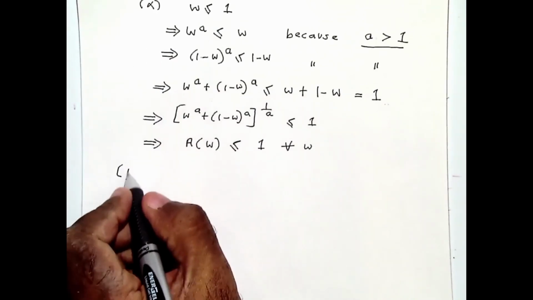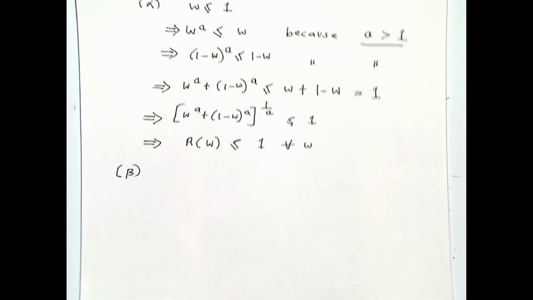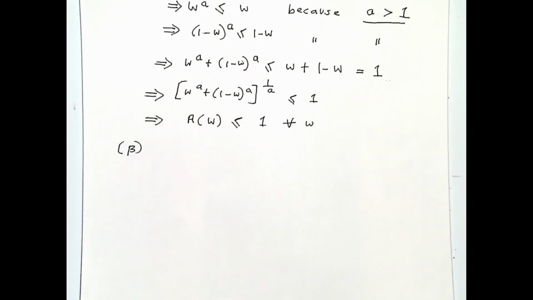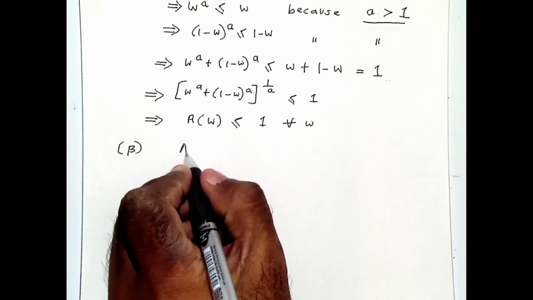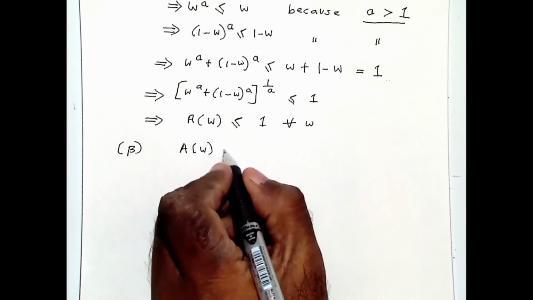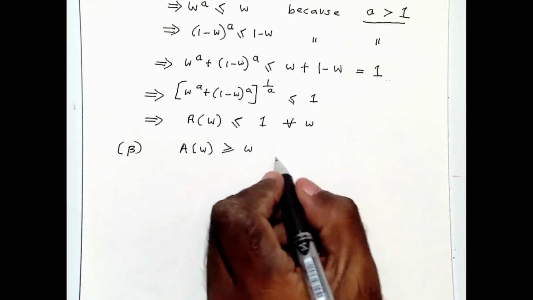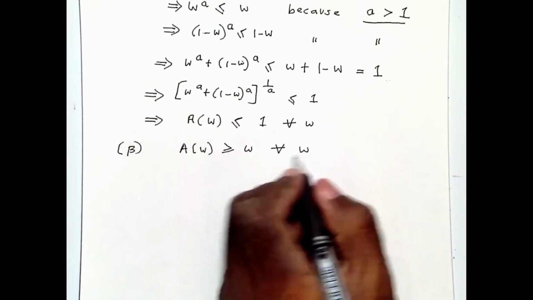Condition beta is the following. We need to show that a of w is greater than or equal to w for all w, right?